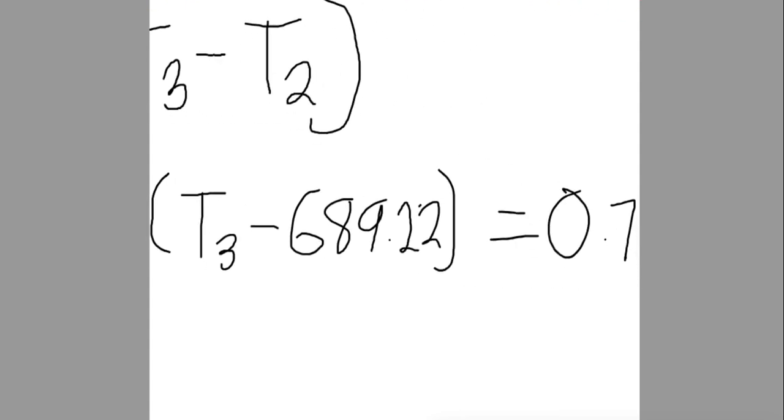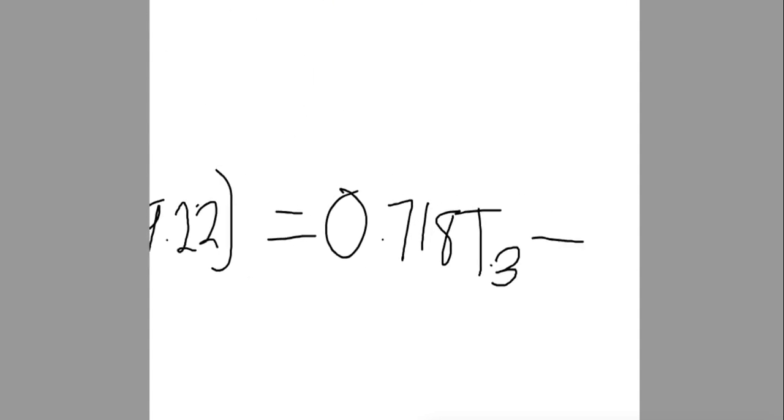So we can try to check that in our calculator. 0.718 multiplied by 689.22, we get 494.86.